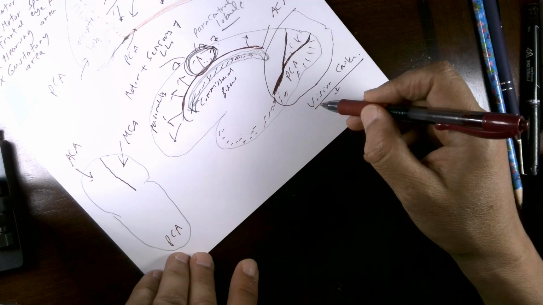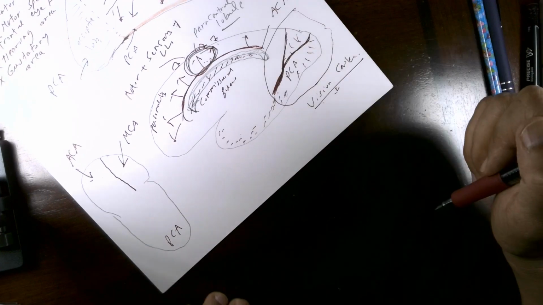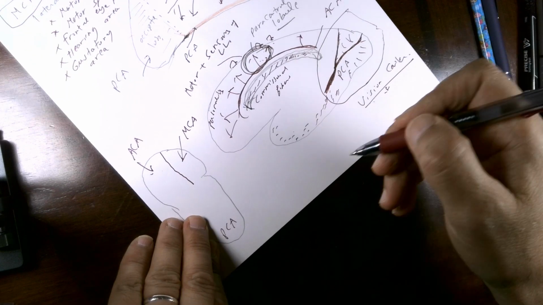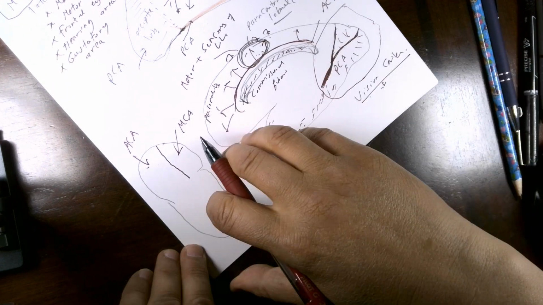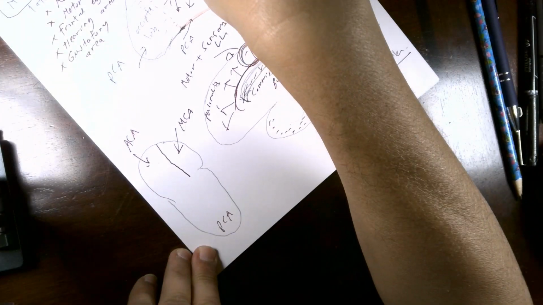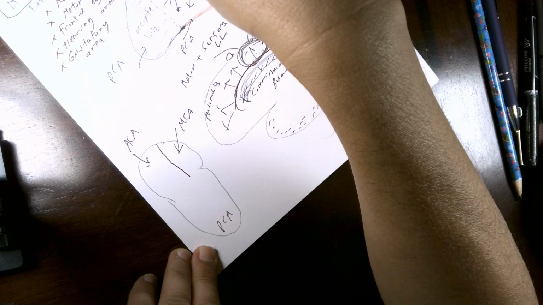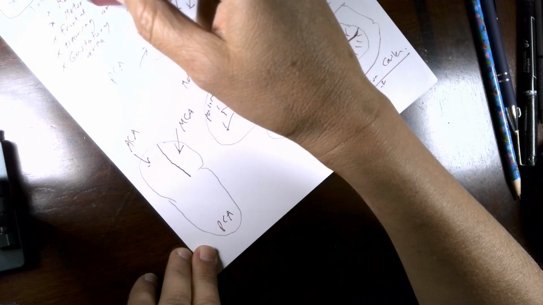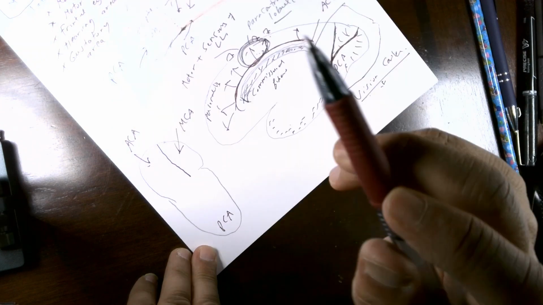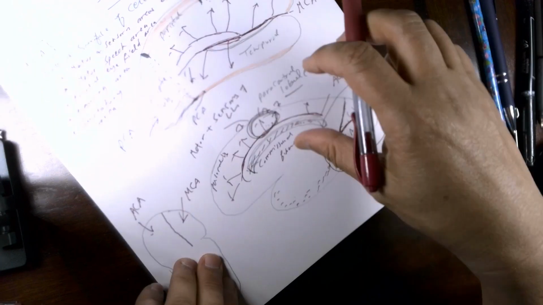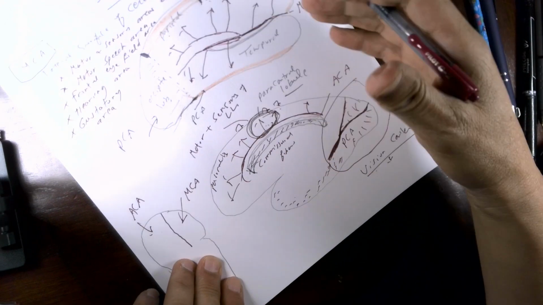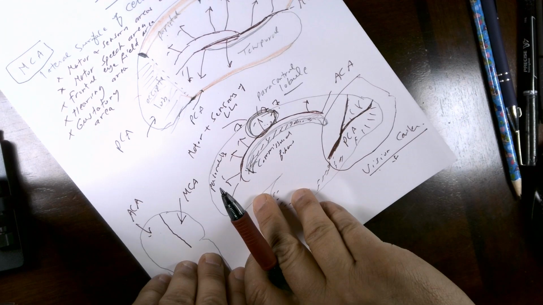So to summarize: the posterior cerebral artery, vision center, and motor and sensory of the lower extremity. This is everything on the lateral surface. As I mentioned, motor and sensory of the body except the lower extremity, motor speech area, frontal eye field area, hearing area, gustatory. And I will have a special lecture about the lesions associated with obstruction of these arteries. This is going to be a separate lecture.